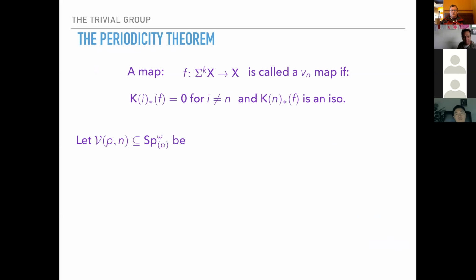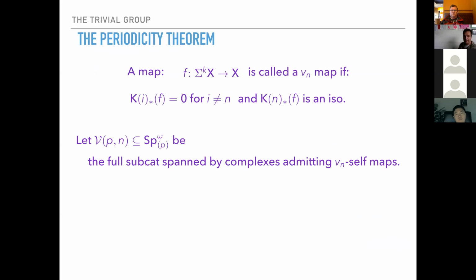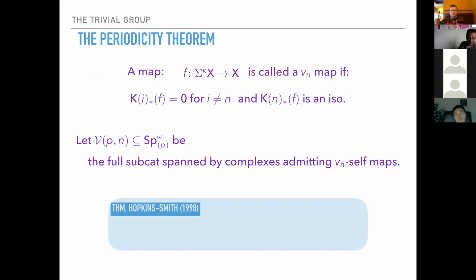So if we let VP_n be the full subcategory of spectra spanned by those complexes which admit v_n self-maps, then the kind of amazing result is that this category is the fixed subcategory P_n of K(n-1)-acyclic finite spectra.